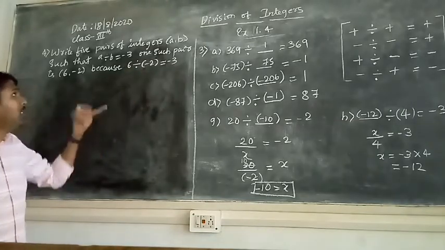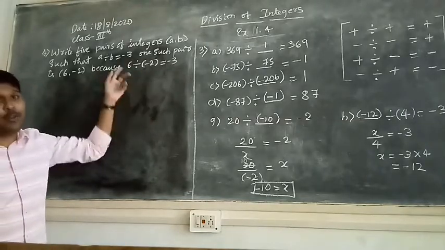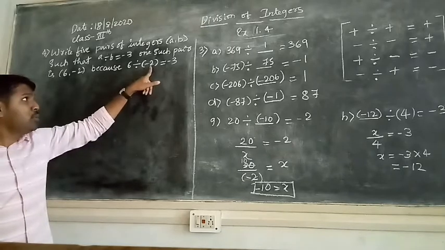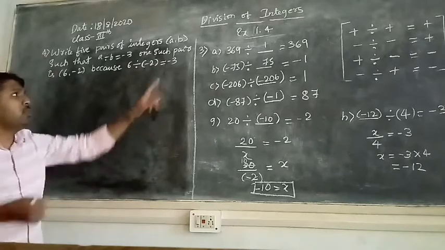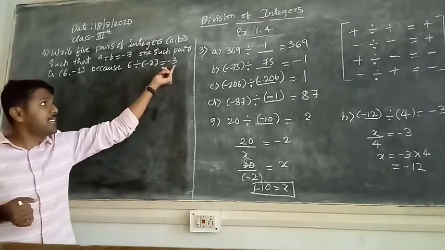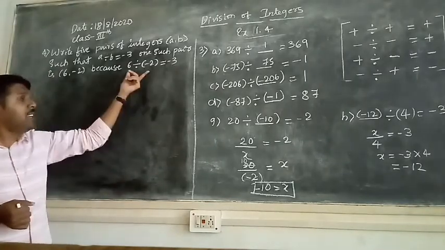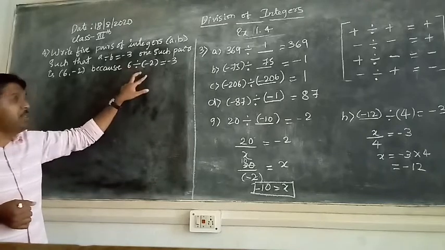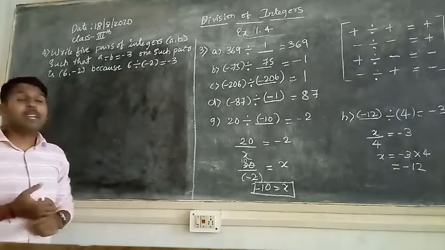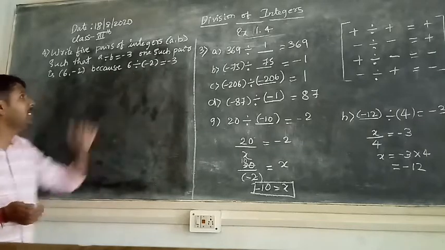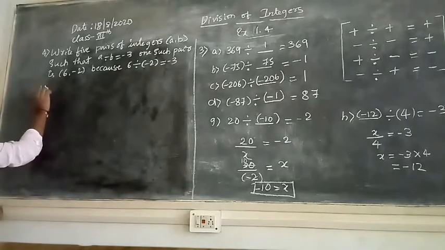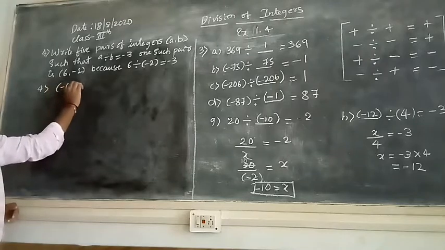Okay. So try to write down the remaining 4 pairs. How to write this one? Here 2 threes are 6, no? And what about the sign? If you want the resulting sign to be minus, take any two integers, and in those two integers, one integer should be minus. Here minus 2 is there. We can take it as minus 6 and 2.